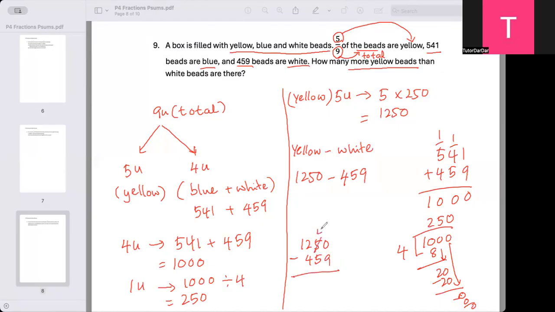Now 5 becomes 4, here becomes 10. So 1 cannot, so 1 becomes 14. You will get 9. 1 becomes 0. This one becomes 11. 7. So the difference is going to be 791. This will be the answer.